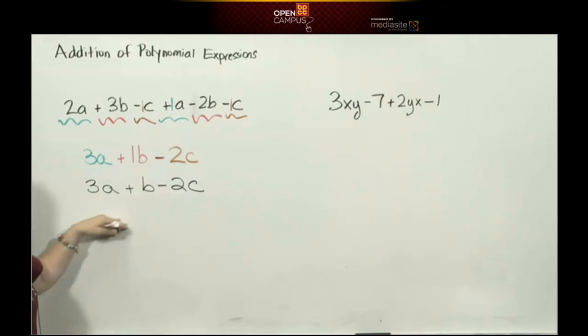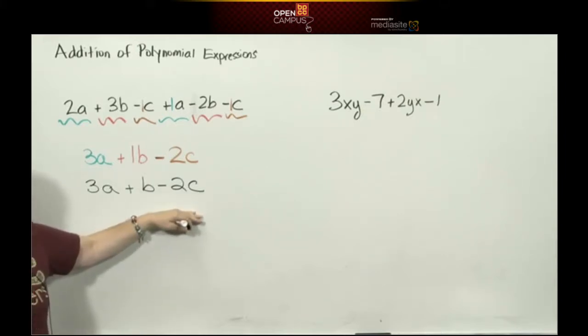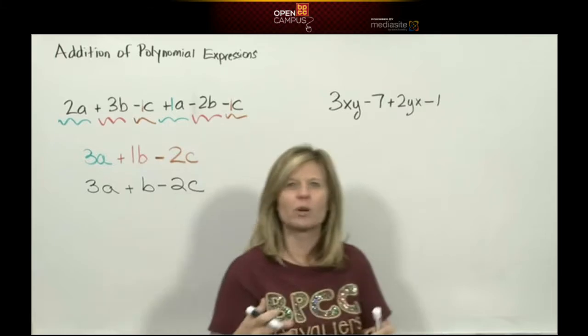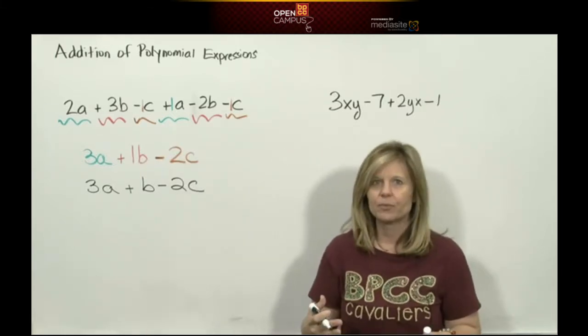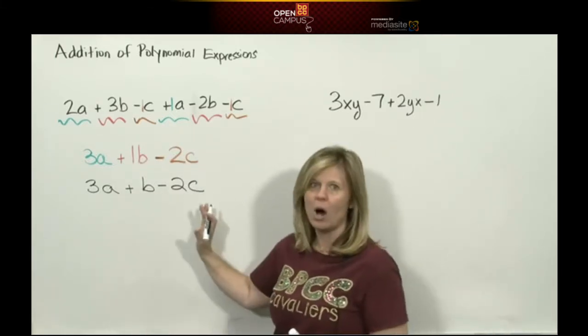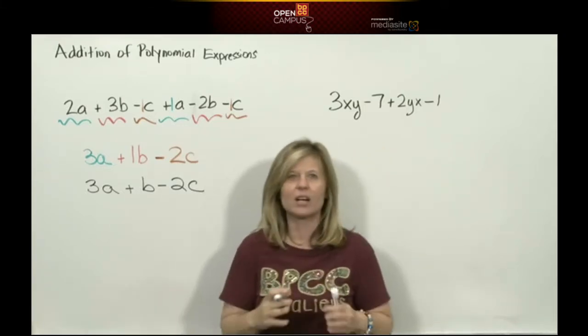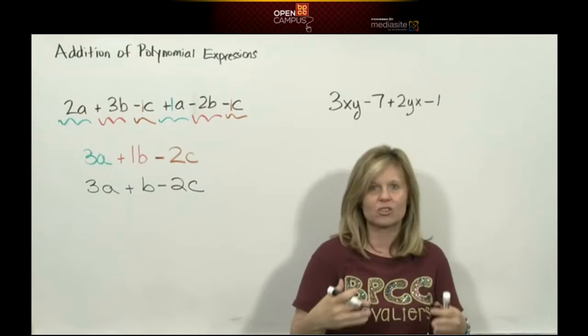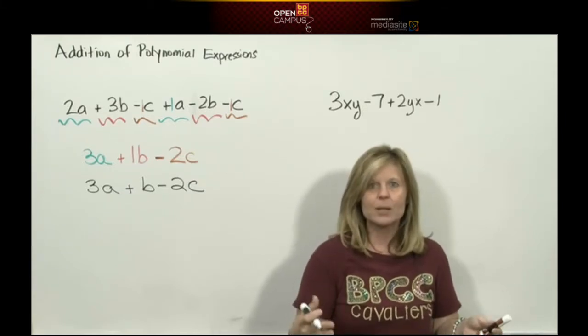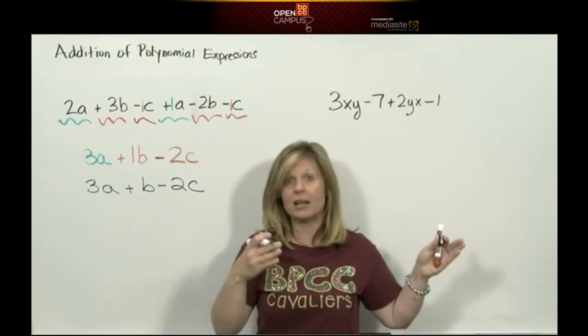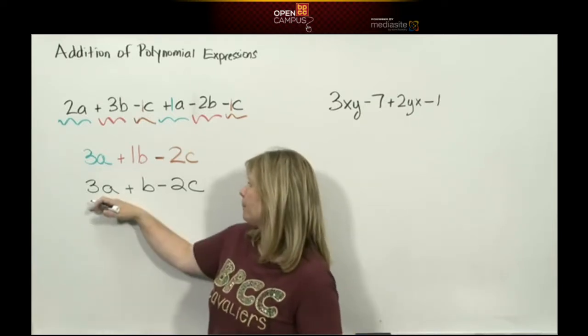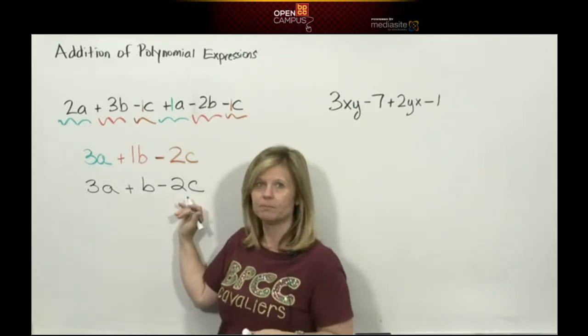There is no descending order here because we're dealing with 3 different variables. So we're not worried about the exponents. These are not all x's or all y's or all a's or all b's. So the rule of thumb in algebra is if we're not dealing with the same variable, then we write our terms in alphabetical order. Apples, then bananas, then cupcakes.